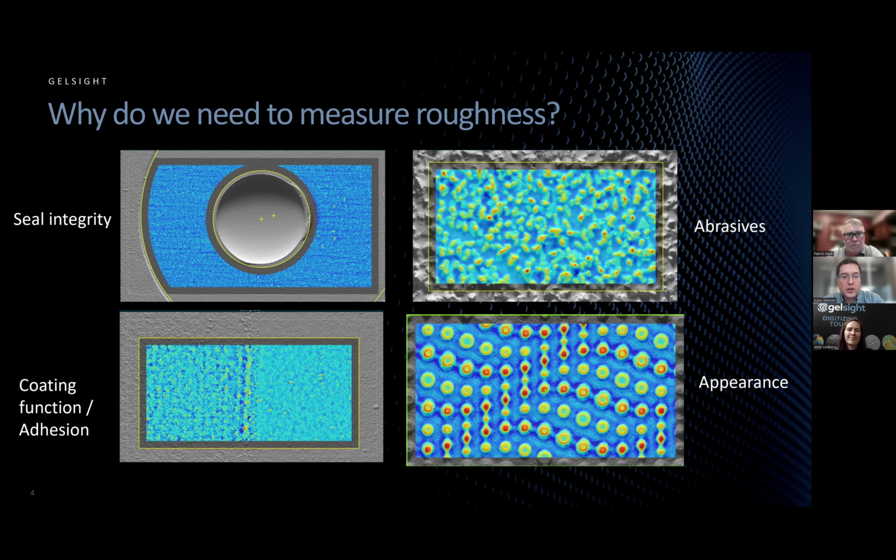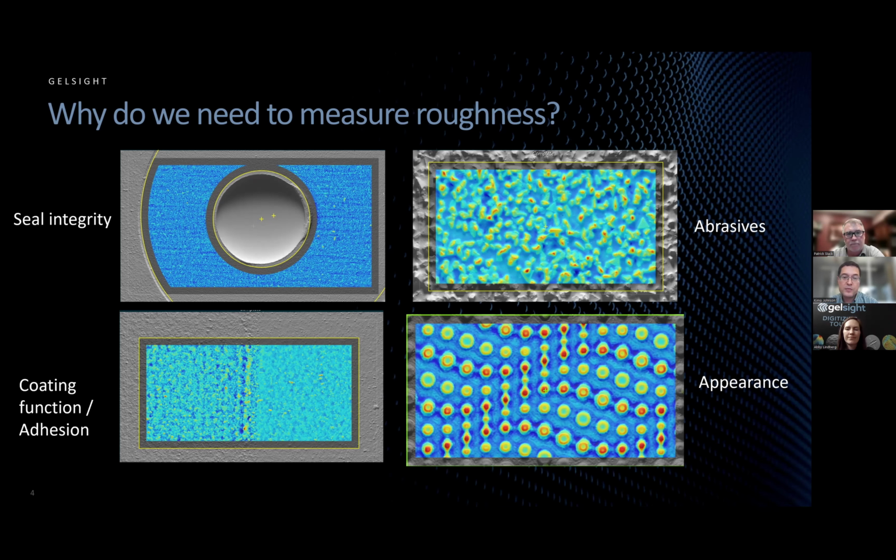In the space of paints and coatings, or in composites that need to be put together, where they worry about adhesion, the surface roughness is a critical parameter in all these applications and needs to be monitored and measured as part of the process. But then we've also encountered customers who have a roughness spec that's more related to cosmetic issues, the appearance of the component.